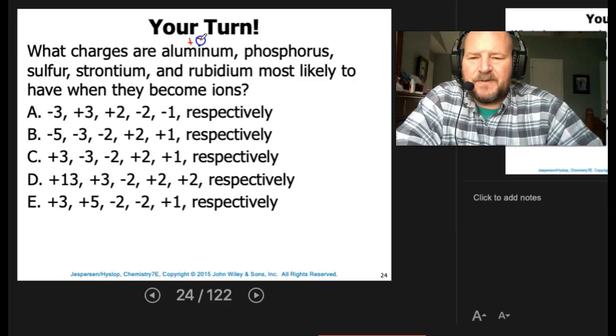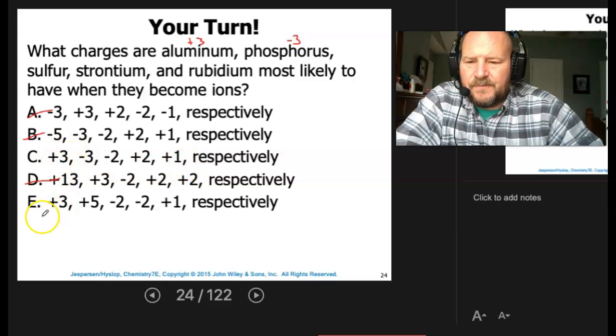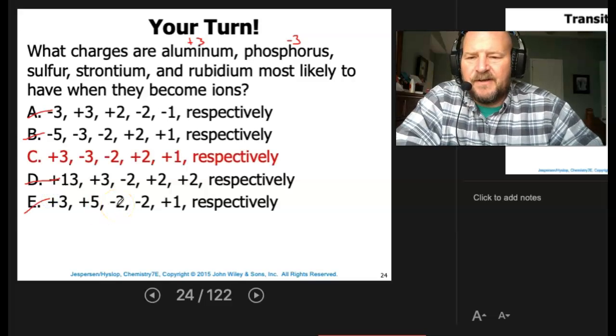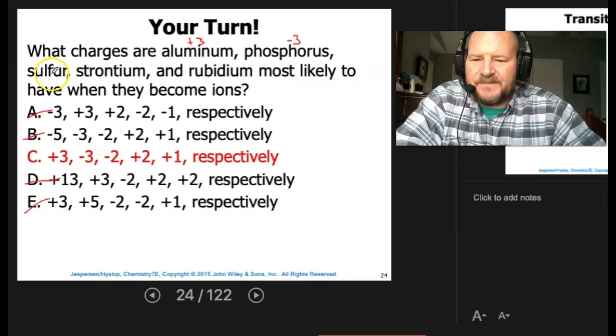We expect that to be a +3, which means we can eliminate this one and this one. Phosphorus we know is going to be -3, so we can eliminate this one, and our answer should be C. Let's double check: sulfur should be -2, strontium should be +2, rubidium should be +1.